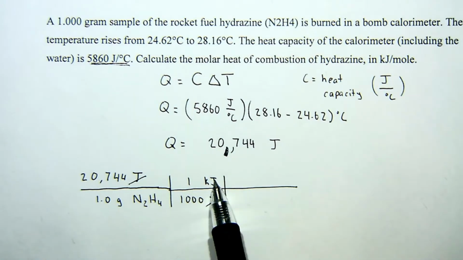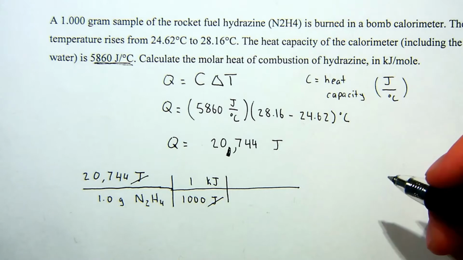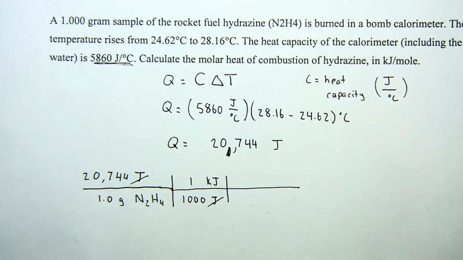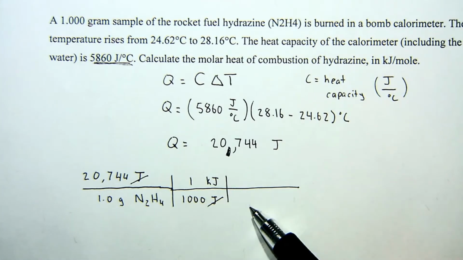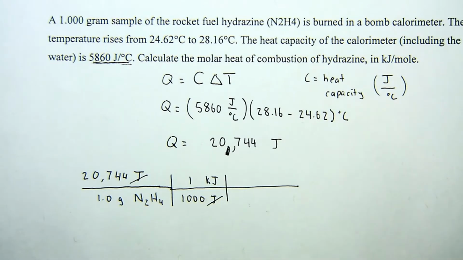Now we're at kilojoules, we now need to get grams to moles. So to do that, we want to use the molar mass. So the molar mass for N2H4 is 32.06. Now, do you put it on top or bottom? Well, we want to cancel the unit on bottom, so we're going to put it on the top.